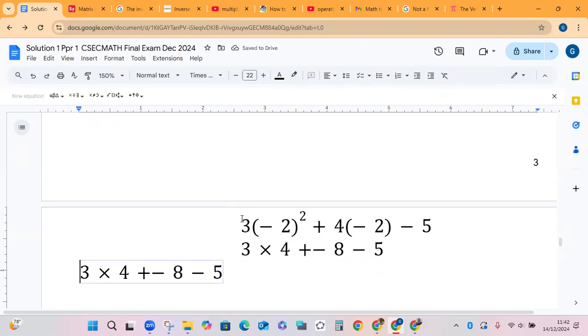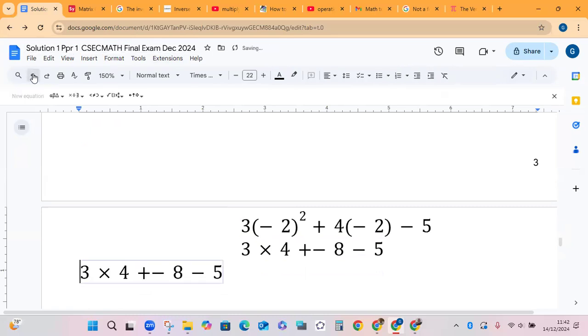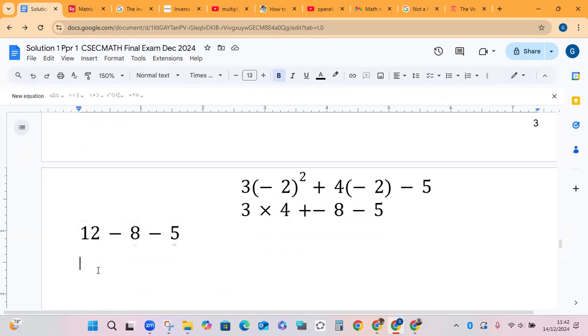So this gives us 12. Subtract 8, subtract 5. If you take out 8 from 12, then we are left with 4. 4 subtract 5 will give us -1.